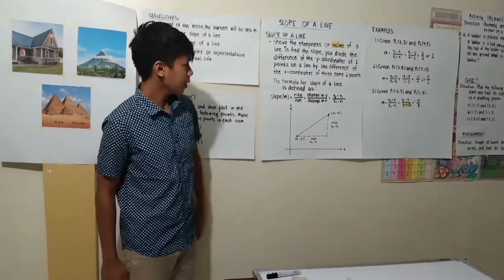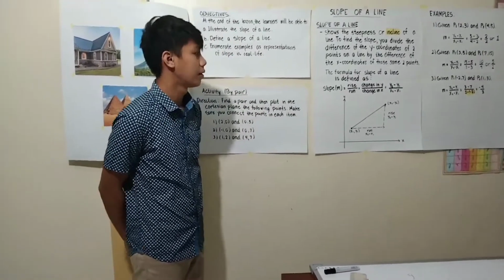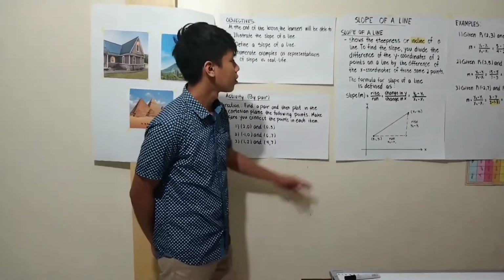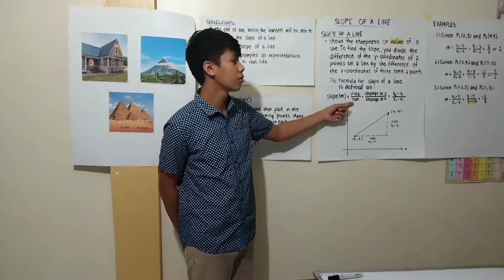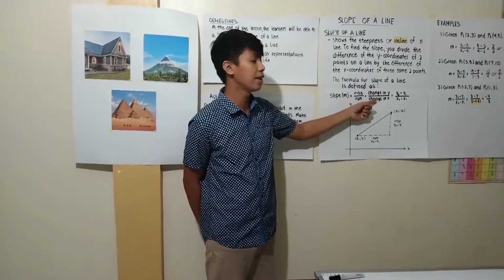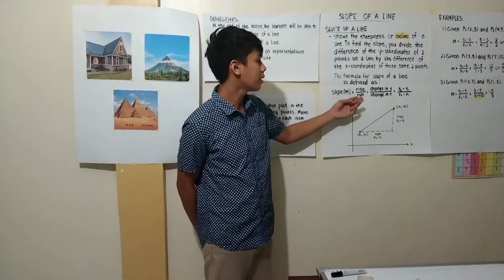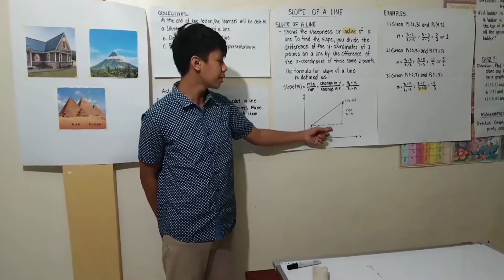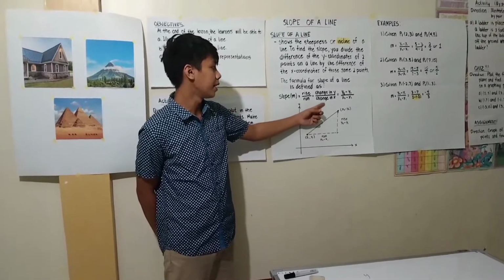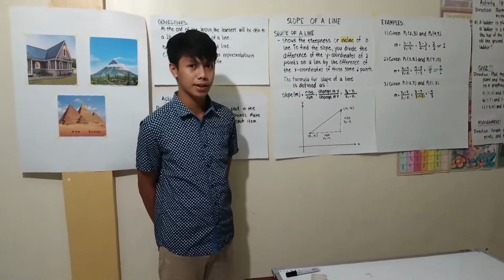Now, this is the formula for the slope. So slope m is equal to rise over run. So the rise here refers to the change in y, while the run, as you can see in the illustration, is the change in x. That is the run.